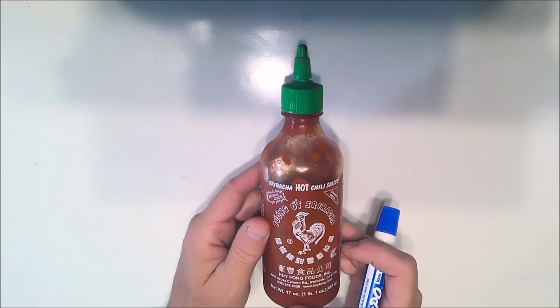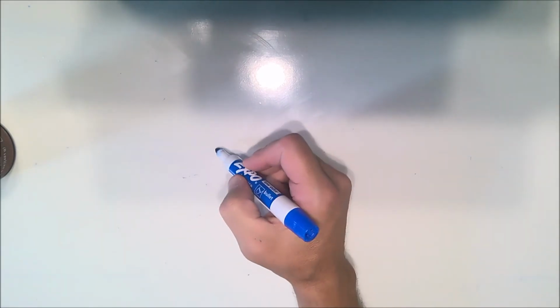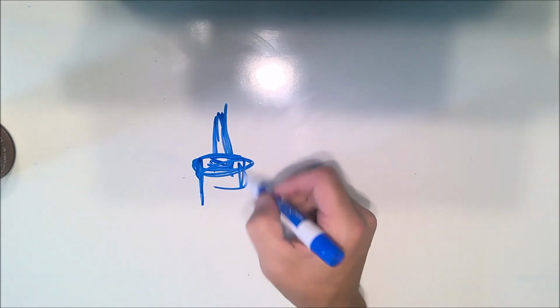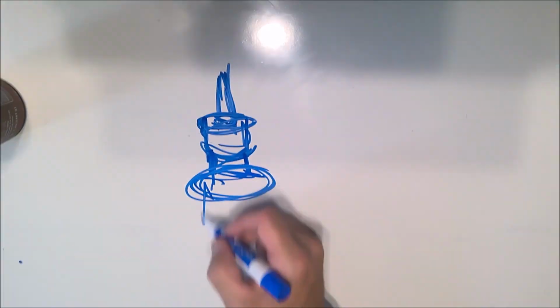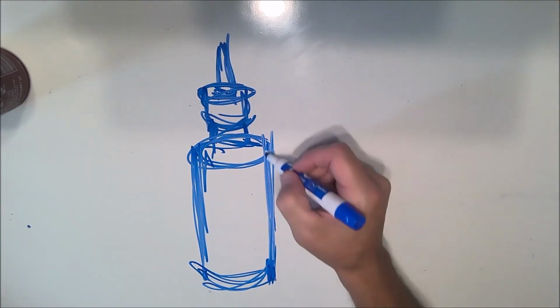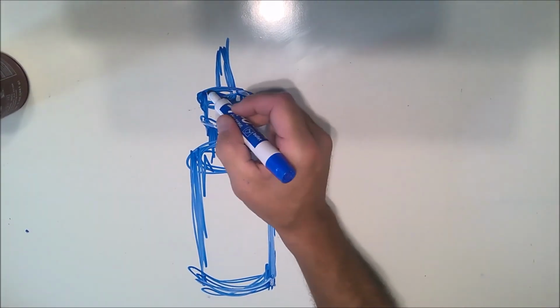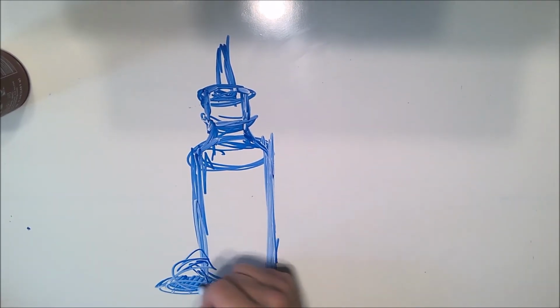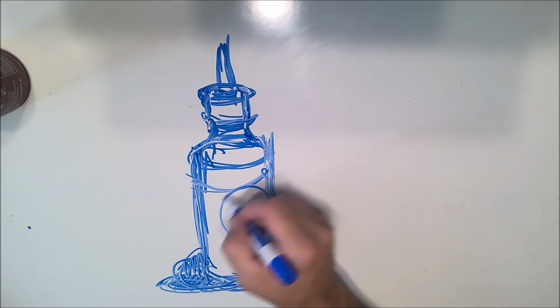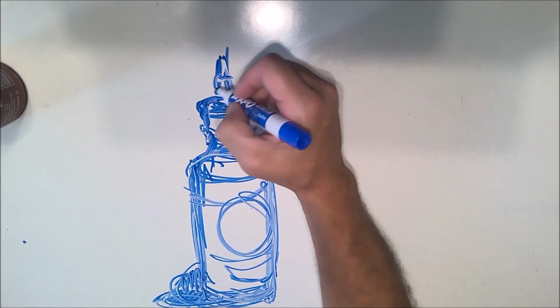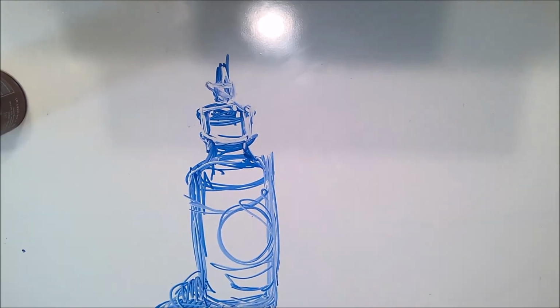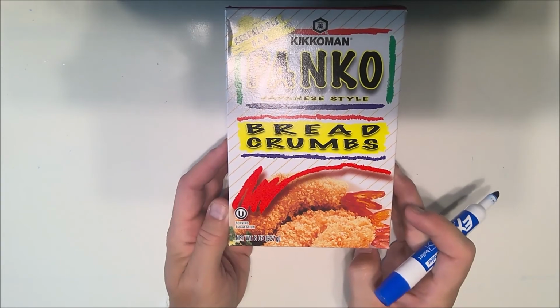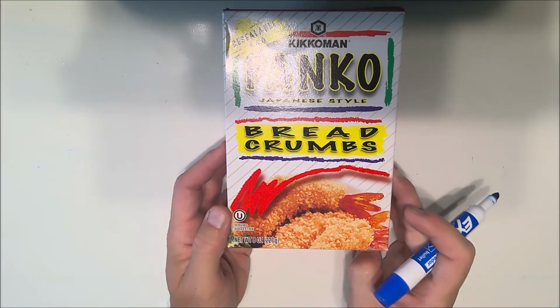I'm going to draw a bottle of Sriracha. Lastly, we're going to do this box of panko breadcrumbs.